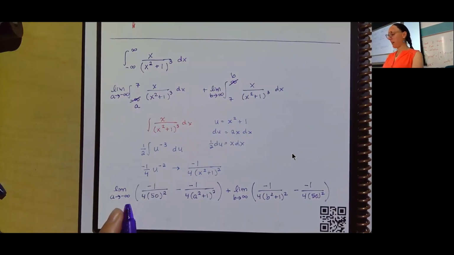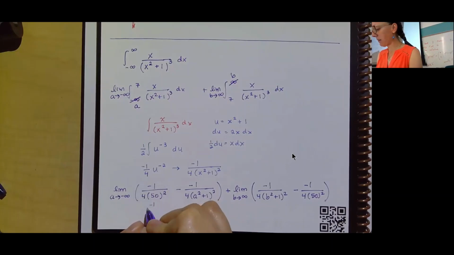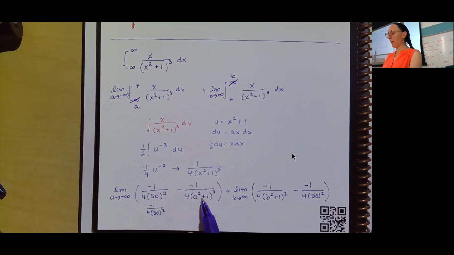So when I plug in the negative infinity, there's nowhere to plug it in here, so this just comes along for the ride. When I plug in infinity here, infinity squared is infinite. Adding 1 to that doesn't change it. Squaring it again, still infinite. I've got a number over infinity, so that's headed to 0.